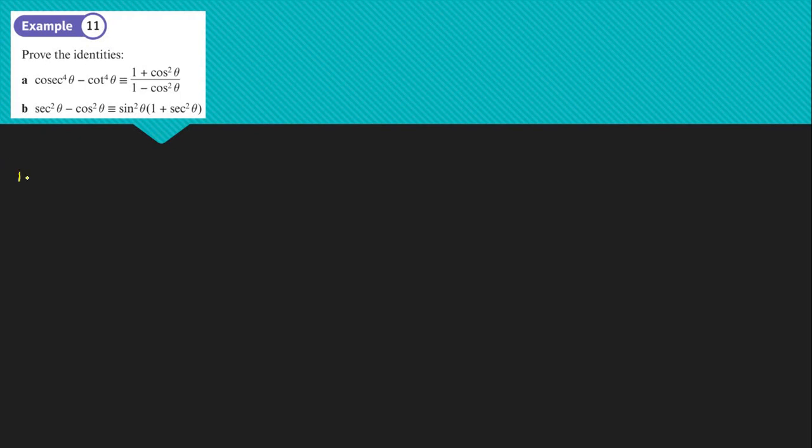So, first off, with question A. Well, I'm going to go left-hand side because I feel like I've got a bit more wiggle room with these because they've got powers and stuff like that. I think that's quite nice. Also, I don't have an identity for 1 plus cos squared theta. I do have one for 1 minus cos squared theta, which would equal sine squared theta. I know that, but it doesn't really do too much for me, to be honest.